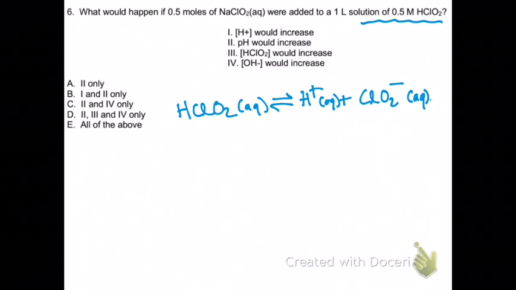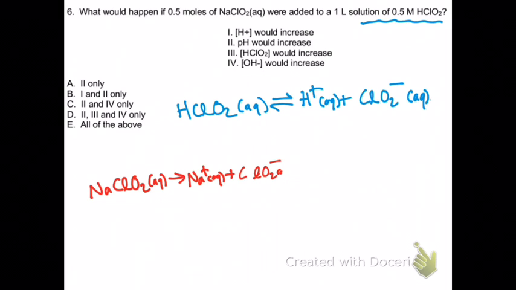Okay. So now, if we're adding in sodium chlorite, any sodium salt is going to dissociate completely into sodium, and in this case, chlorite, ClO2 minus. So the Na plus is just going to be a spectator ion here.